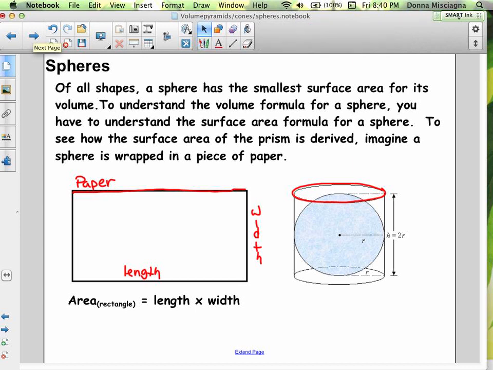And the width of this piece of paper is the same as this distance for the paper that's wrapped around the sphere. All right, so area of a rectangle is length times width. Well, now let's think about what the length and width are for the paper that's wrapped around the sphere.